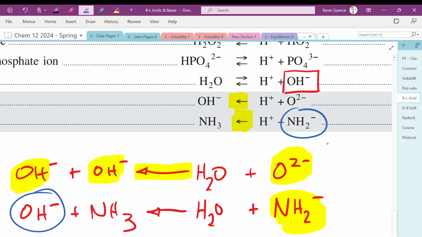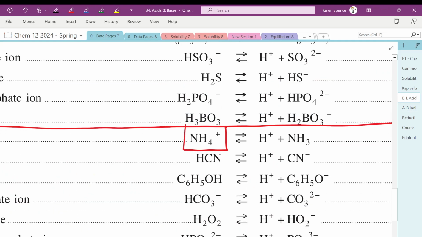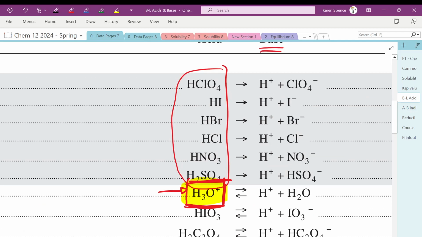O2- is a stronger base, but does it exist in water? No, because it ionizes 100% to form hydroxide. NH2- is stronger than OH-, but does it exist in water? No. Same thing for these acids up here. HCl is stronger than H3O+, but does it exist in water?